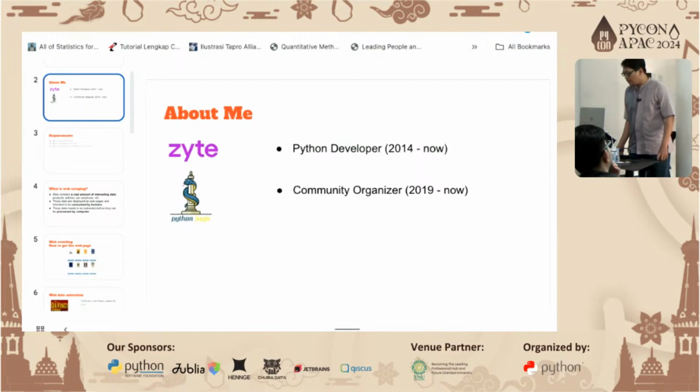Scrapy is a web scraping framework written in Python, and Zyte is the one who created and maintained the framework until now. I also run the local Python community, PyJogja, since 2019 until now.